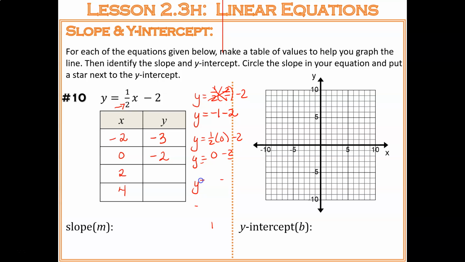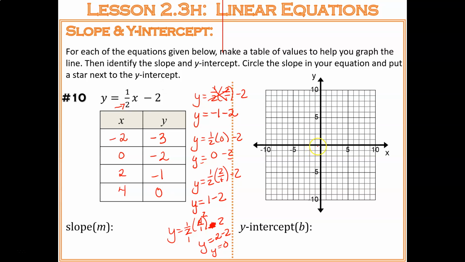Now when I plug in +2, I have 1 minus 2, which will give me -1. That's better. And when I plug in 4, that's not plus, this is minus. I'm going to cancel. This 2 becomes 1, and the 4 becomes 2. So I have y equals 2 minus 2, or 0.